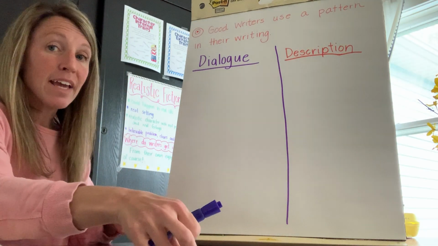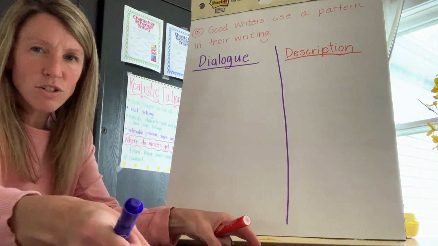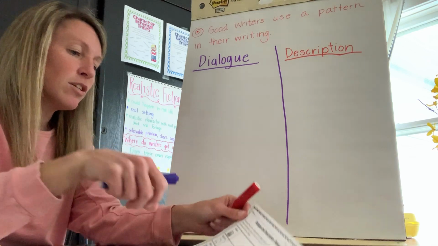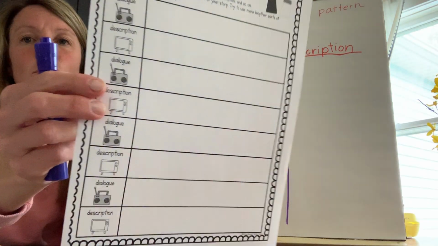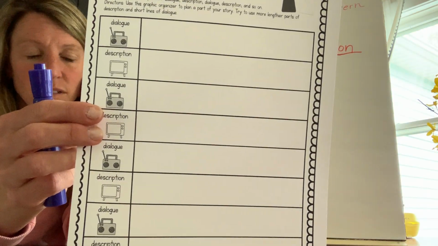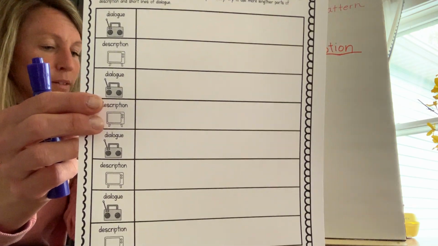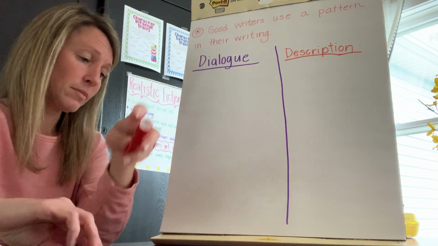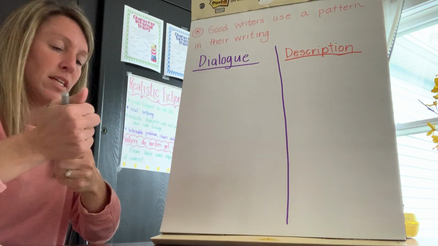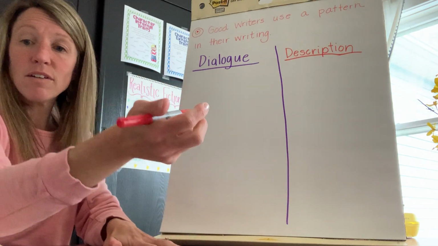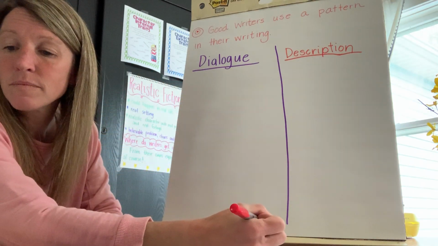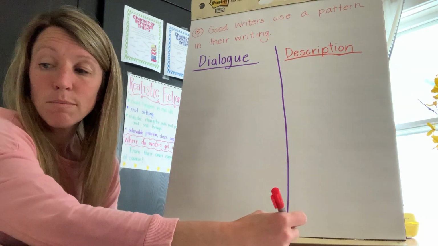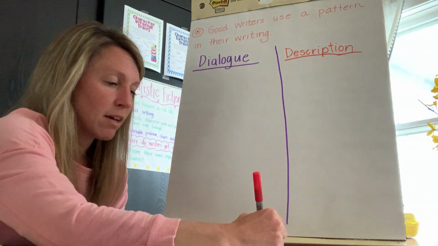So today, what you're going to do before you look into your draft and try to add in some more here, we are going to use this graphic organizer to put a little bit of dialogue in your story and a little bit of description. So the dialogue here at the beginning, I already know I had, Dad, I yelled, I know I'm 12, but I can't tie my boots tight enough, right?